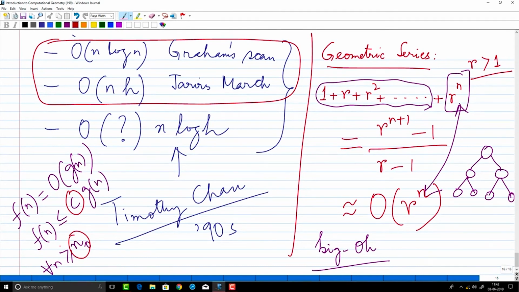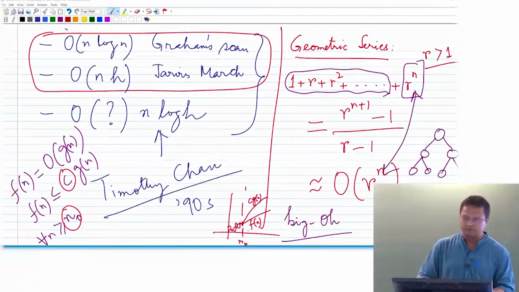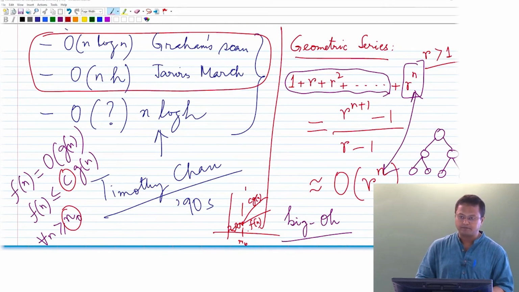So, what does that tell you? There is an n naught, and in this zone these two functions can do anything they like, but beyond this C g(n) should dominate f(n), right. Then I will say that f(n) is big O of g(n).